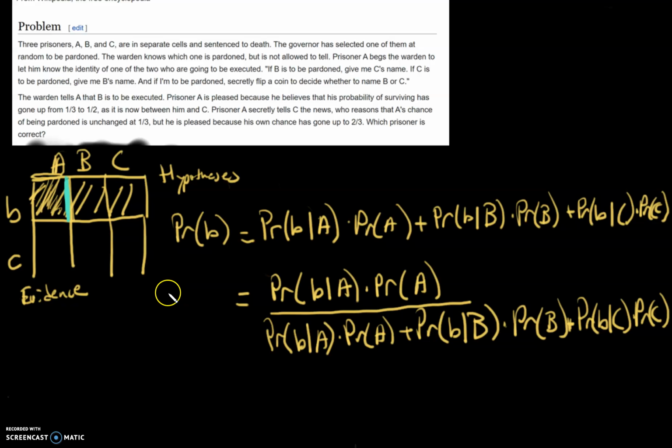Well, that's equal to the probability that A will be pardoned, knowing that B will be executed.